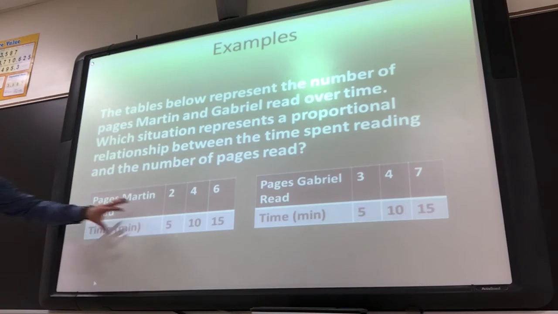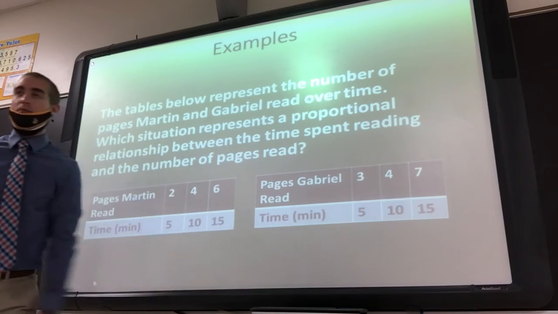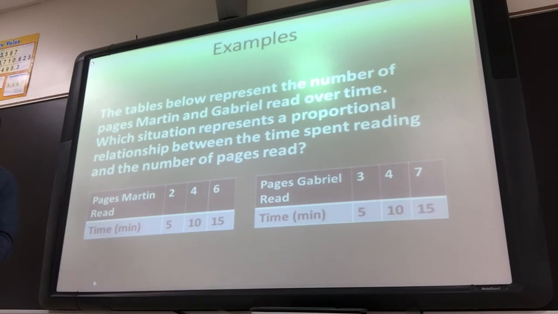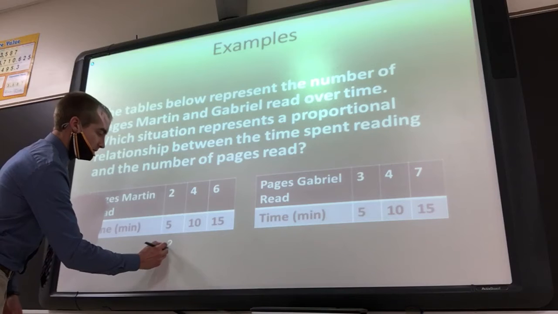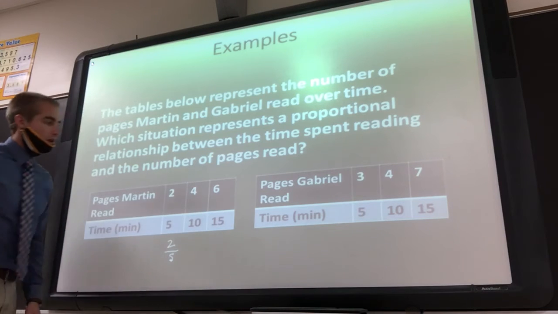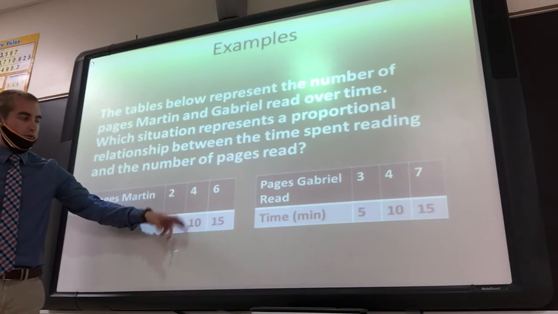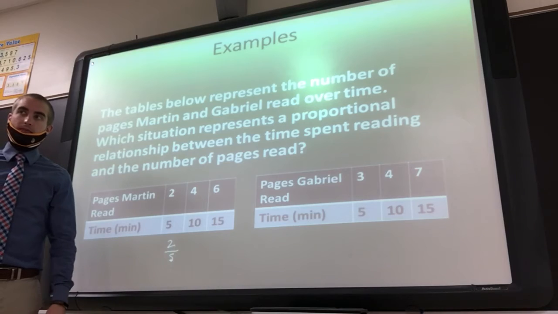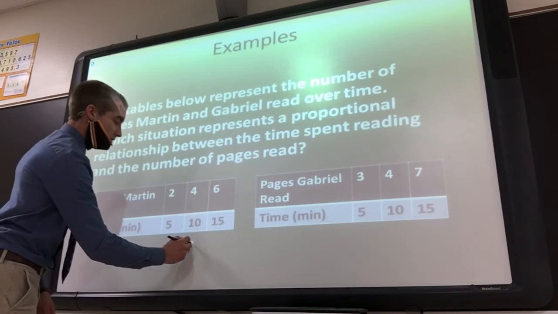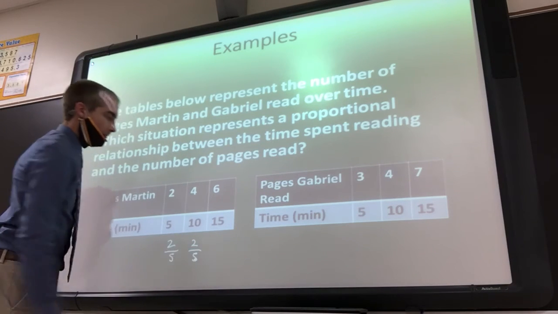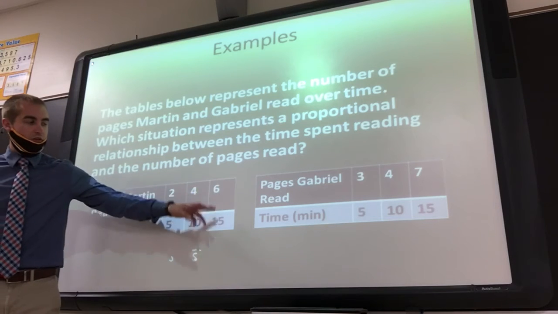So for both of those, for Martin and for Gabriel, we need to simplify to find what the ratios are. So we've got 2 over 5. That really can't be simplified, can it? We've got 4 over 10. What could we divide 4 and 10 by? By 2. That gets us 2 over 5. And then we've got 6 over 15.